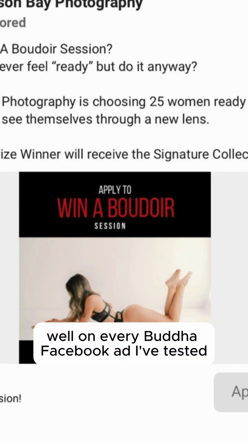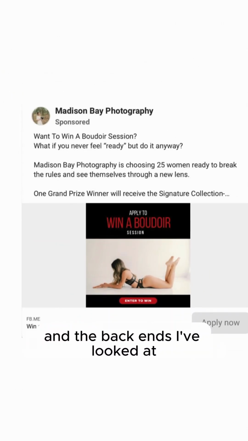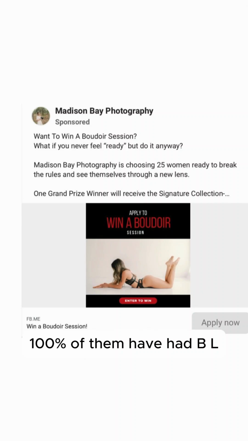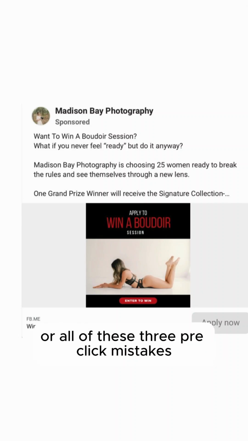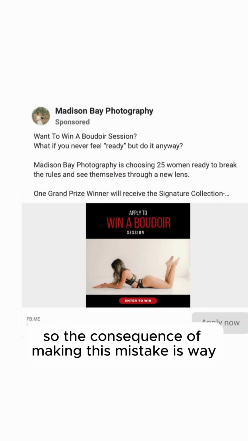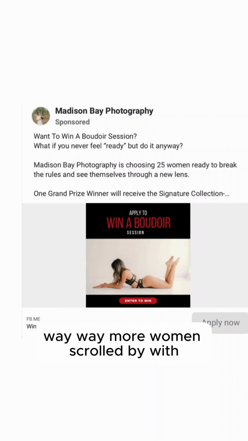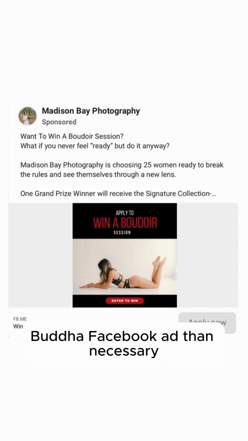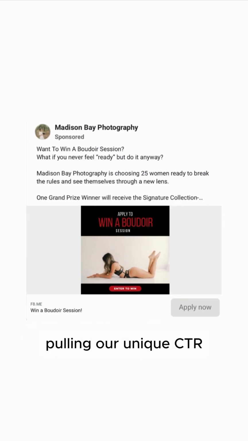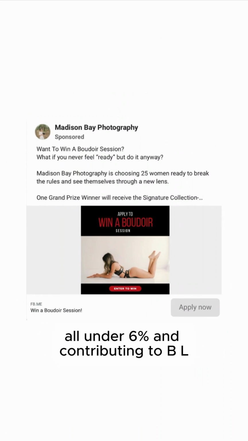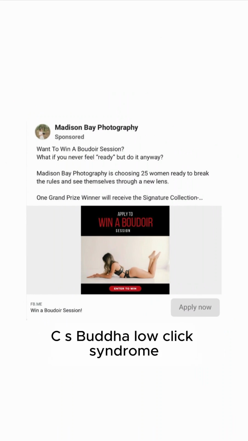Well, in every Boudoir Facebook ad I've tested and the backends I've looked at, 100% of them have had BLCS, Boudoir low click syndrome, because they're making some or all of these three pre-click mistakes. So the consequence of making this mistake is way more women scrolling by our Boudoir Facebook ads than necessary, pulling our unique CTR under 6% and contributing to BLCS, Boudoir low click syndrome.